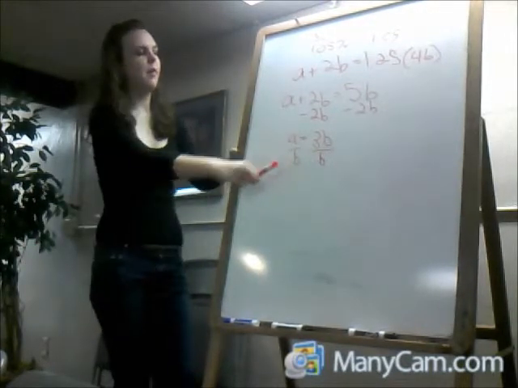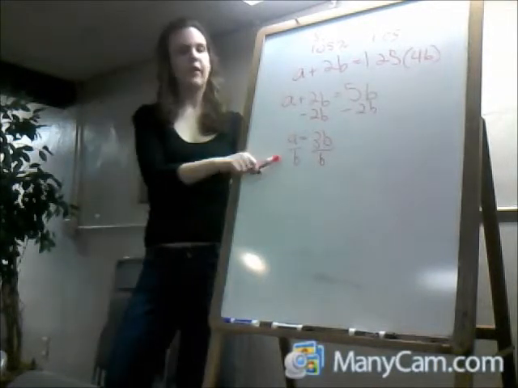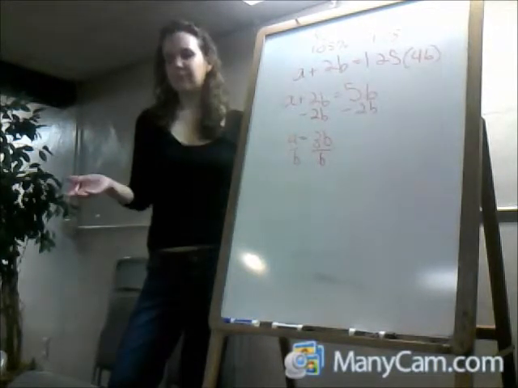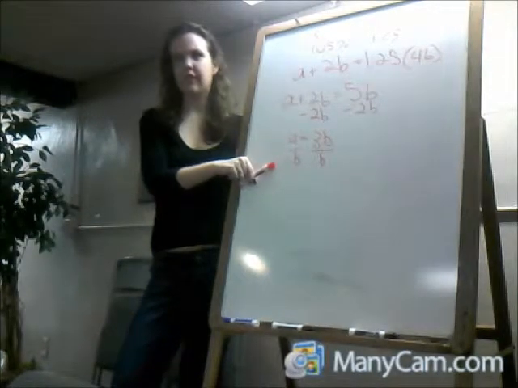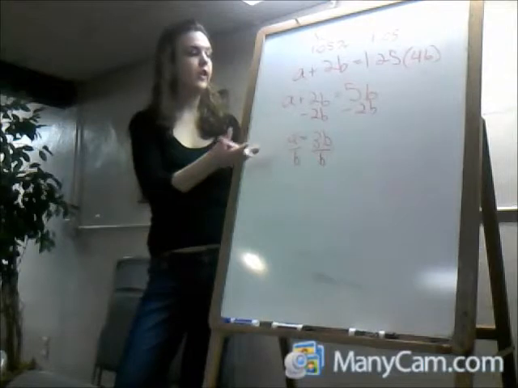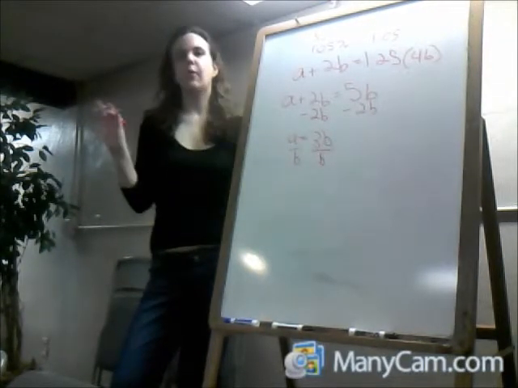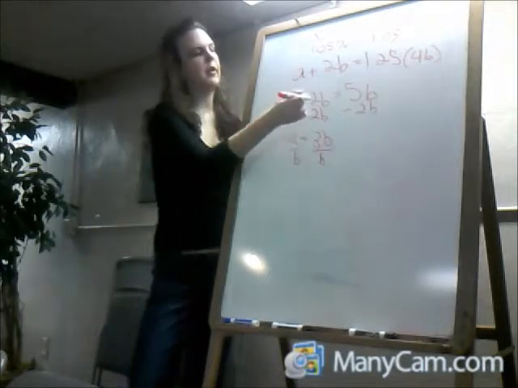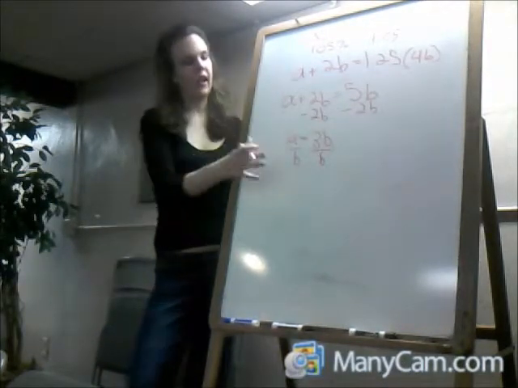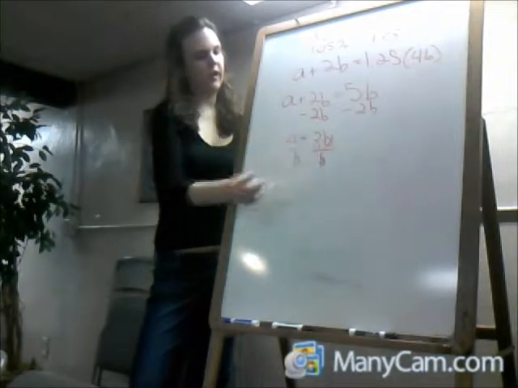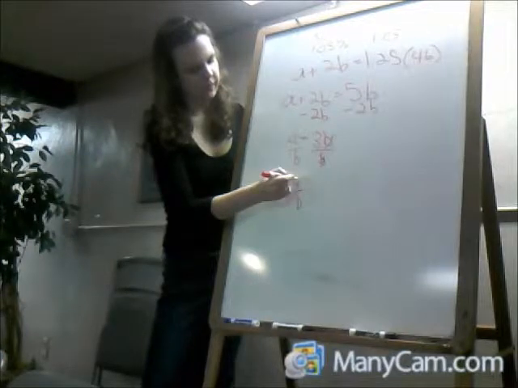This is very common in engineering classes or even physics classes, but very weird in algebra or even algebra 2. So you're probably not used to solving for a fraction, but you just treat it the exact same way. You still want to subtract 2b to get all your b's on one side, but then at the end, you just divide both sides by b, so this fraction a over b equals 3.